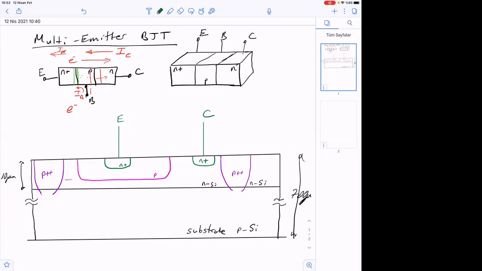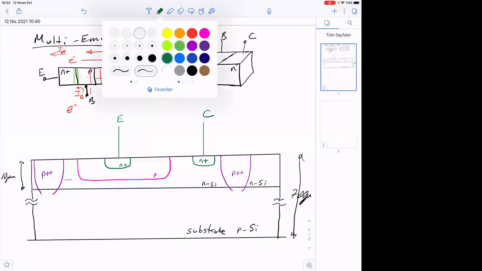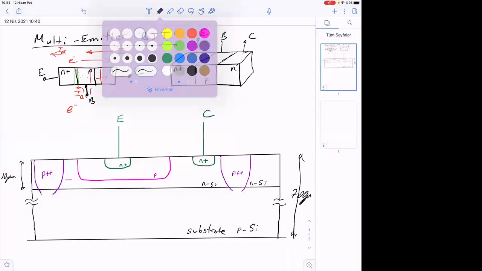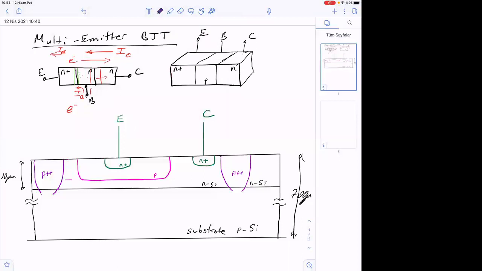And here, we take a contact to the P+ substrate by doping. Let's say this one, and this will be P+. So it's a shallower P+, and this becomes our base.